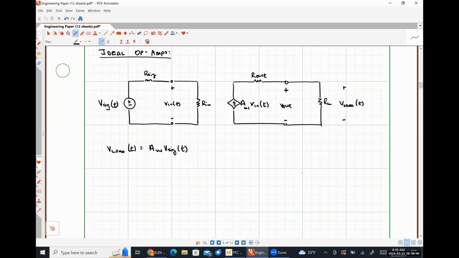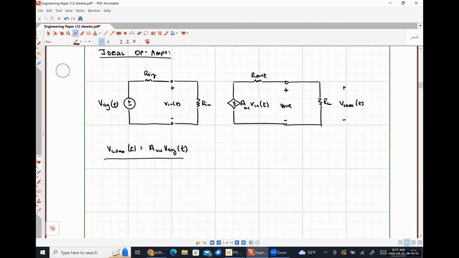So what I'm trying to suss out from this statement is what the parameters R in, R out, and AVOL need to be in order to make this true, okay? Because that would mean that we have the ideal behavior. Our output voltage, V load, is literally just a scaled version of our input signal voltage, V sig.